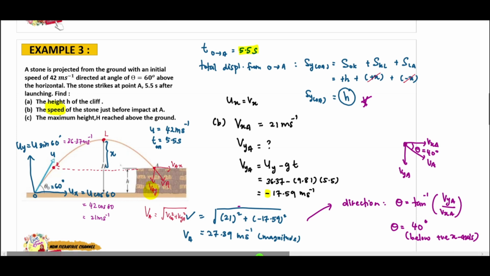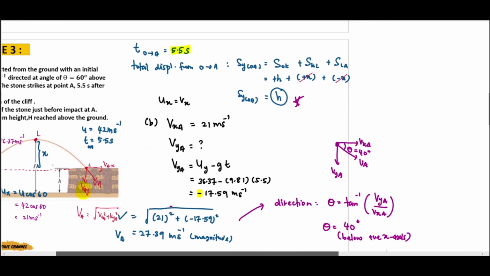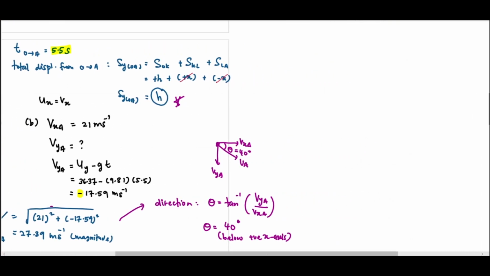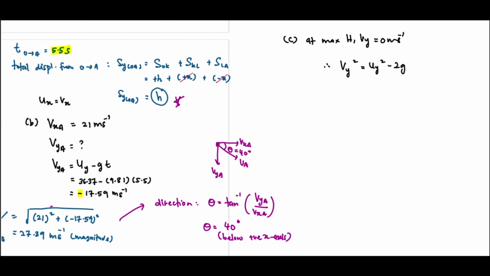Okay, so question C, the maximum height reach above the ground. So, kita ini senang saja kan? So, since we want to calculate the maximum height, we already know that at maximum height, Vy is equal to 0. Therefore, we can use equation Vy squared equal to Uy squared minus 2g Sy. Sy dekat sini merujuk kepada maximum height.